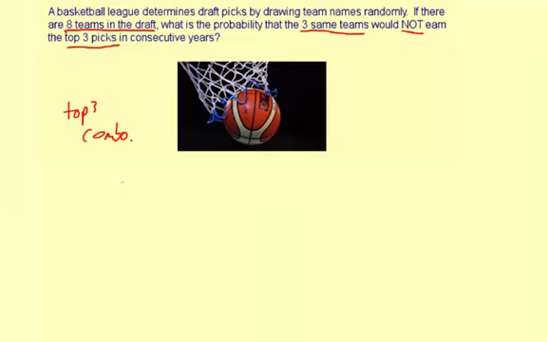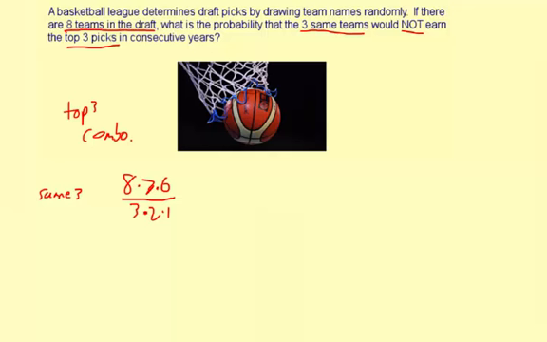So a combination situation, you're going to take 8 times 7 times 6, that's the permutation of the 3 teams, and then divide it by the number of ways that you can arrange the 3, or the combination of 3, which is 3 times 2 times 1. And again, this is going to tell you the probability the same 3.